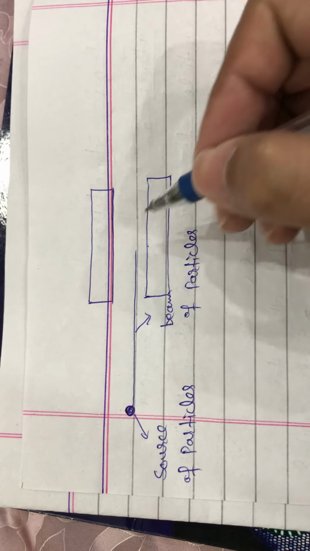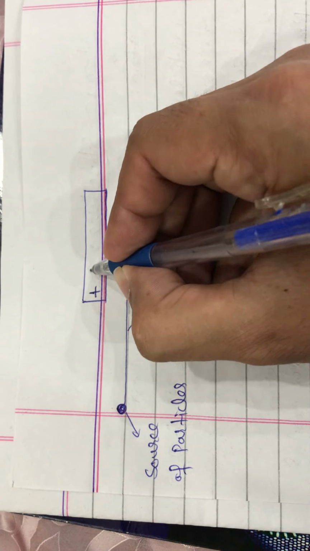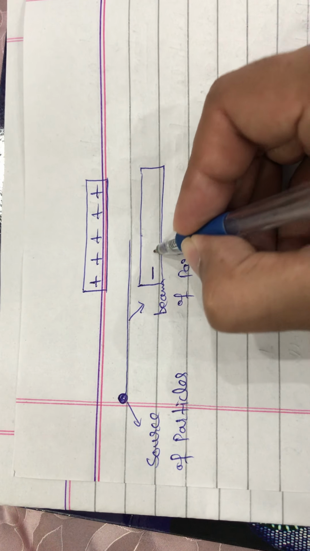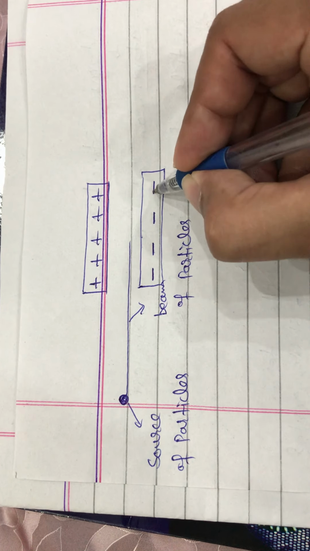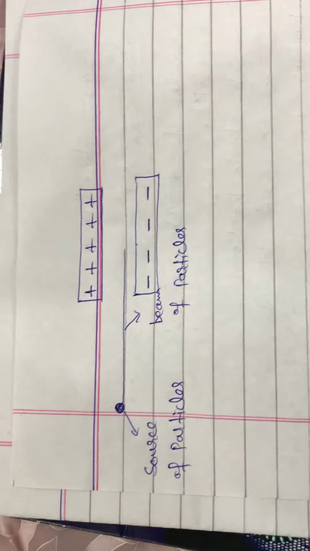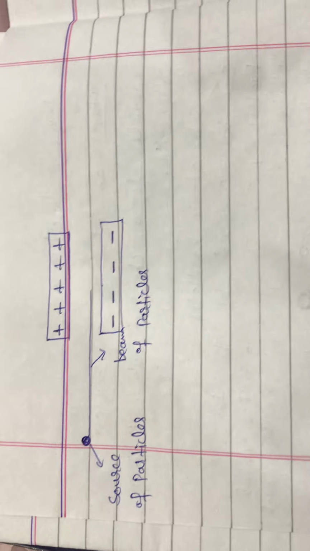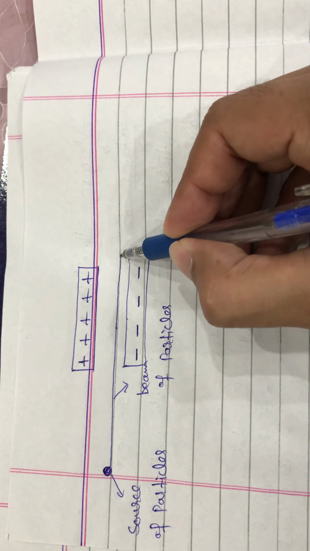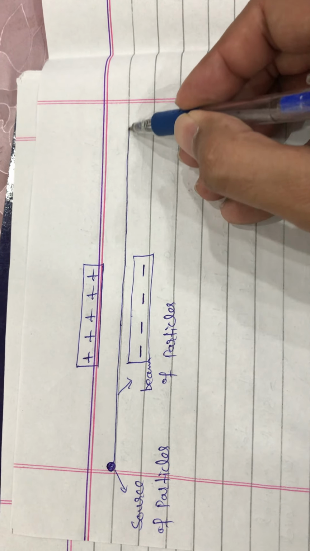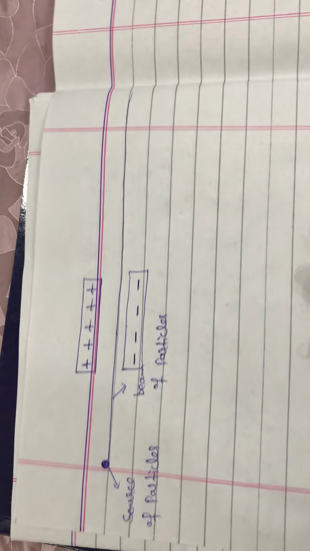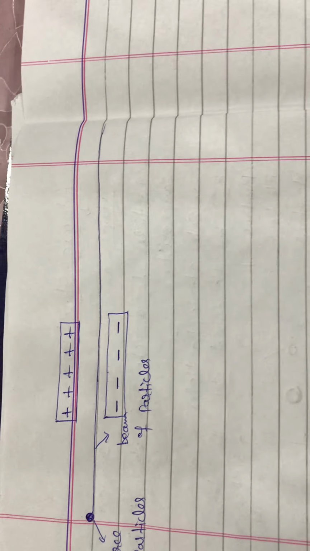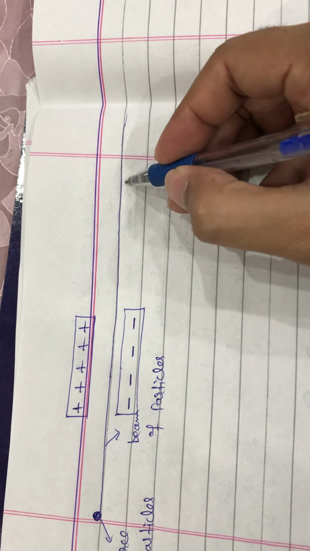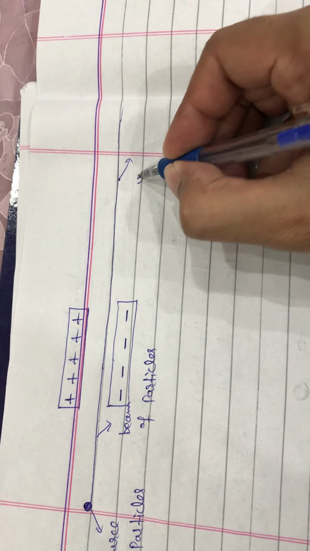Two electrically charged plates, one carries the positive charge and the other bears the negative charge. So when the beam of particles is passing between these two plates, some of the particles are passing straight away, means that they remain undeflected. They don't have any action of charged plates on them. Undeflected particles.